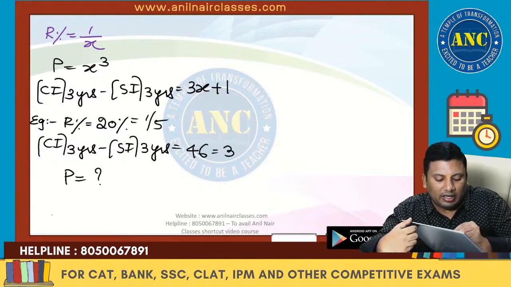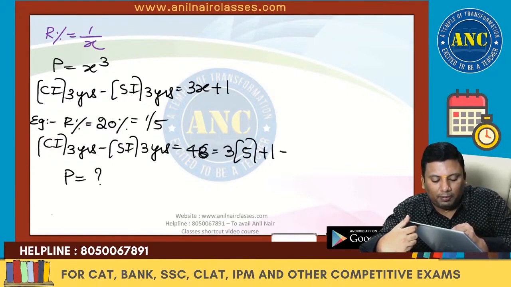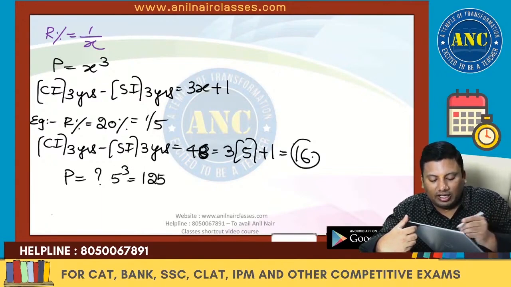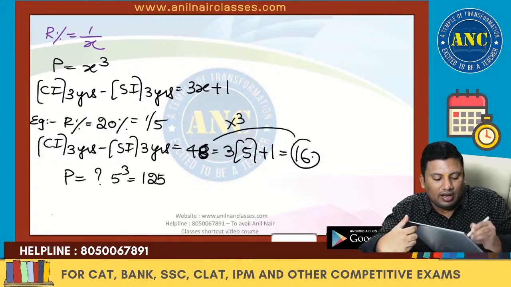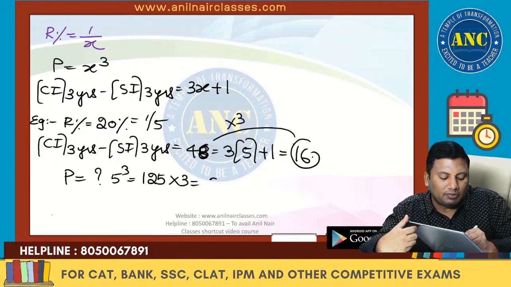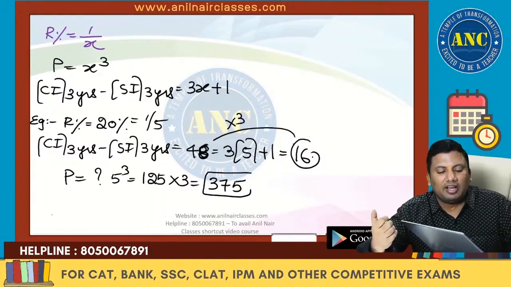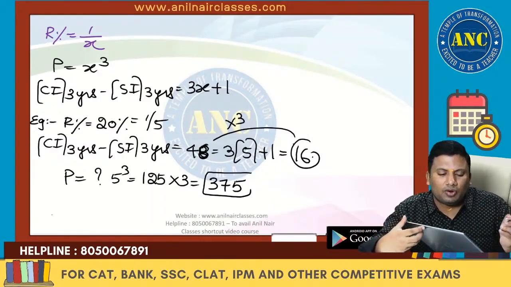Let us take it as 48. This is 3 into 5 plus 1, which is 16. If it is 16, I would have got the answer 5 cube, which is 125. Because it is 48, which is 3 times, this also will become 3 times. 125 3s are 375. Like that you can solve any question, sir.